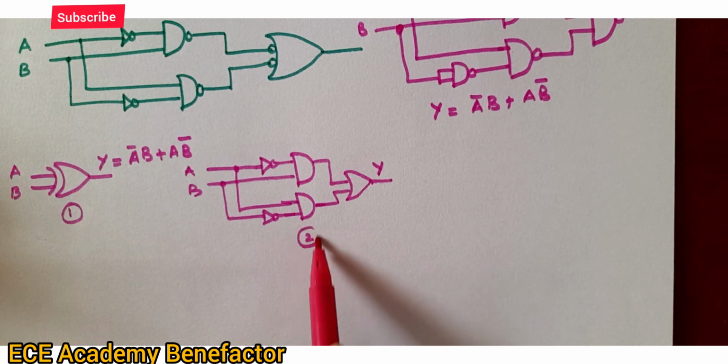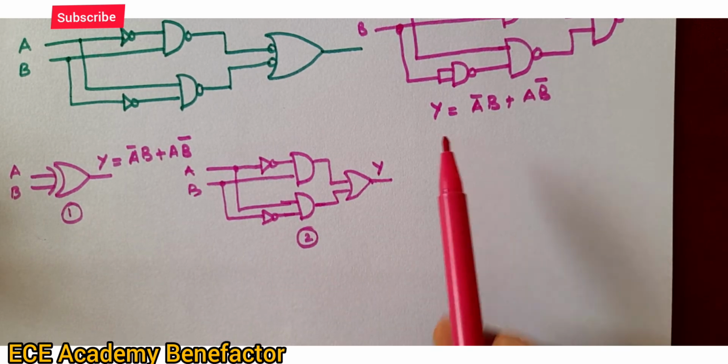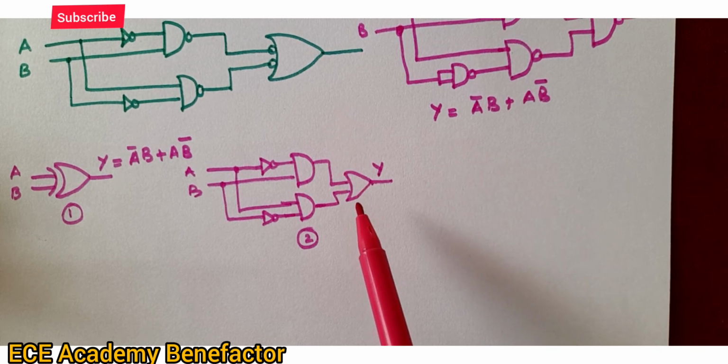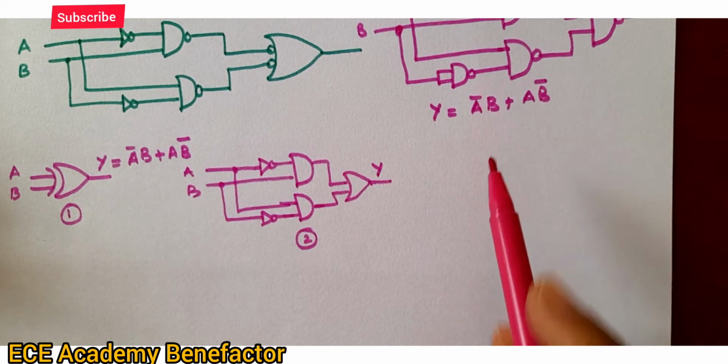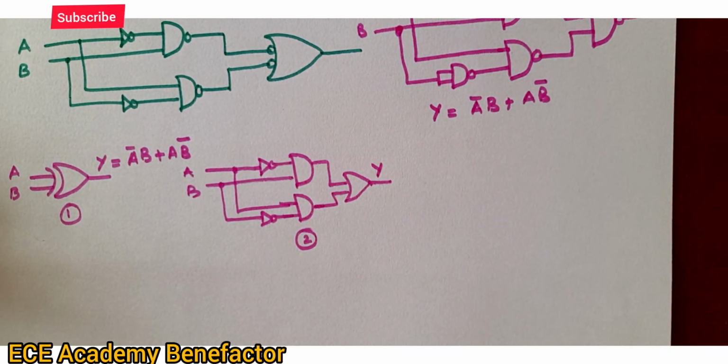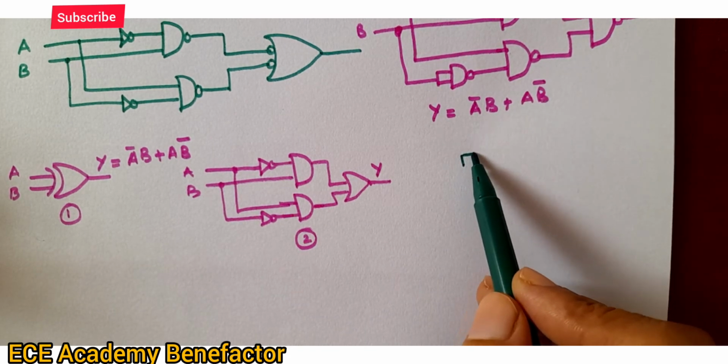This is the second step, and then finally you have placed a few NOT gates and replaced the bubbled OR gate using a NAND gate and drawn this final diagram. So what is the final circuit diagram you got for this XOR gate? This one.